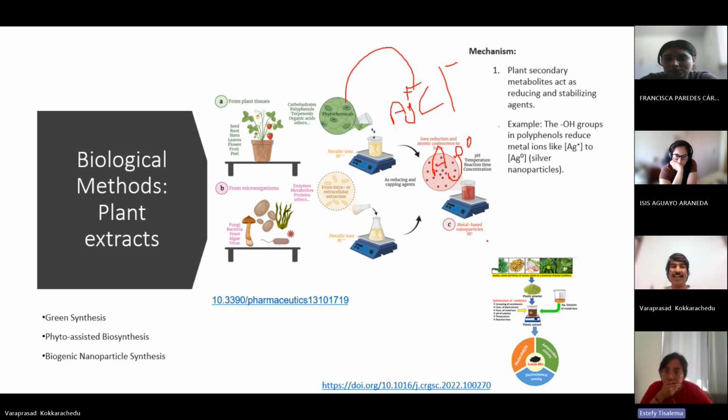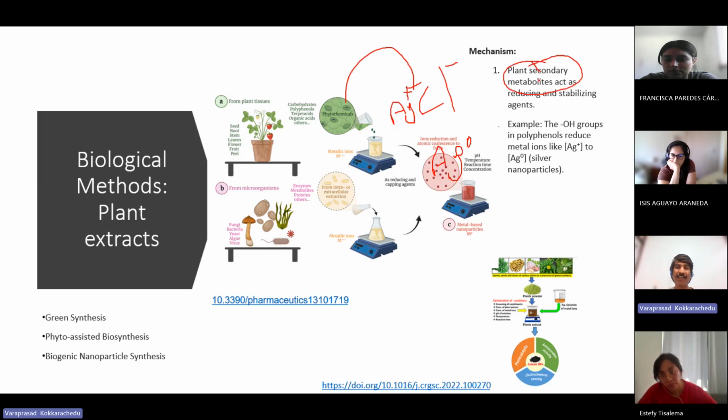Here, the plant materials, also plant extracts, we also call secondary metabolism materials. These secondary metabolism materials act as a reducing agent due to their functionality, like OH functionality, COH functionality, ammonia, mainly OH functionality.